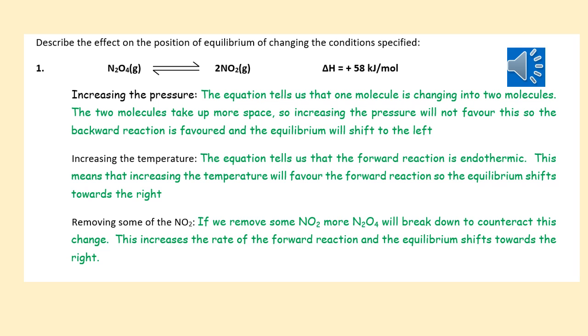Well, if we do that, then more N2O4 will change into NO2 to counteract that change. The forward reaction is favoured, and so your equilibrium will shift towards the right.